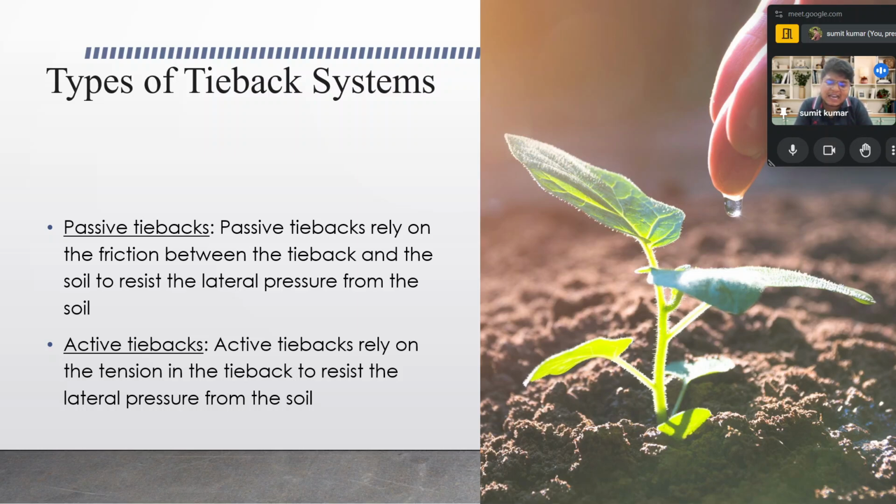Active tieback systems rely on the tension in the tieback to resist the lateral pressure from the soil, whereas passive tiebacks rely on the friction between the tieback and the soil to resist the lateral pressure from the soil. So these are the mechanisms through which the transfer of forces takes place in cantilever bulkheads.